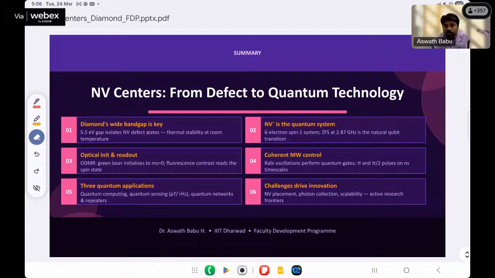Prahladji was asking about the pi and pi by 2 pulses that you showed as a modulated wave. Yes, something of that kind. That's an easier way to understand, which is why I showed it that way. So how do you create a pulse from that context? What is pi by 2? It's like the area of the pulse.